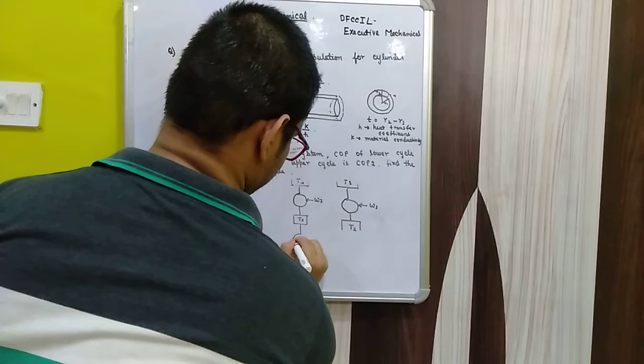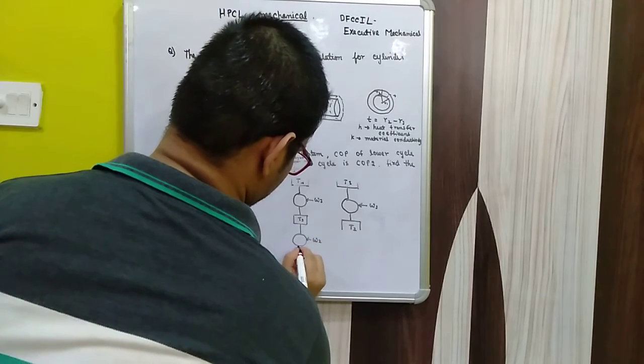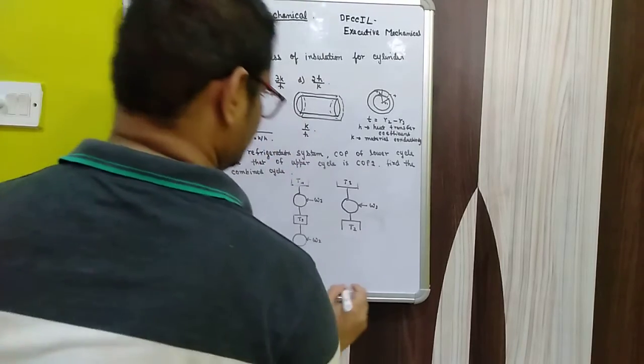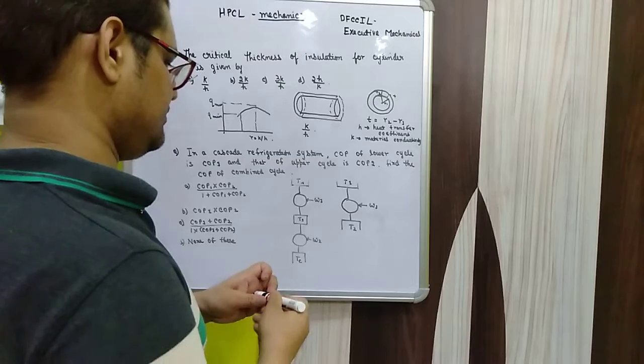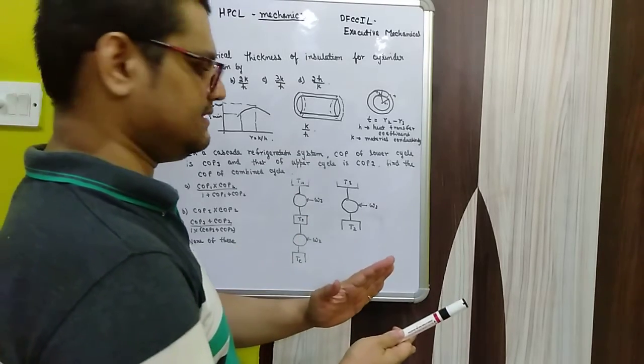Then there is W2, and this is the temperature of the cold body. So we can see two reservoirs attached to one system.